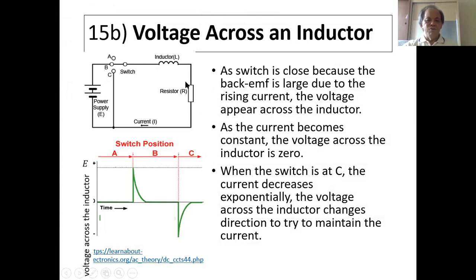If no current flows, there's no voltage here. Most of the voltage is across here. That's why you have that. Then when the current is constant, there is no induced EMF here, the current is flowing through here. This graph is just for here, for the inductor.